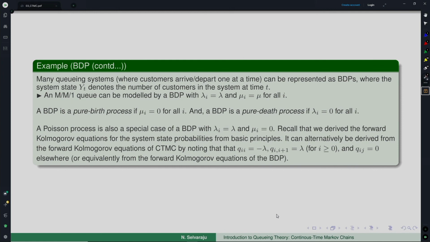So, this is what one would ideally like to do, to obtain P of t, whether it is a transition matrix or the state probabilities, if it is possible. But just like in the DTMC case, our interest is in the long run behavior of the continuous time Markov chain.